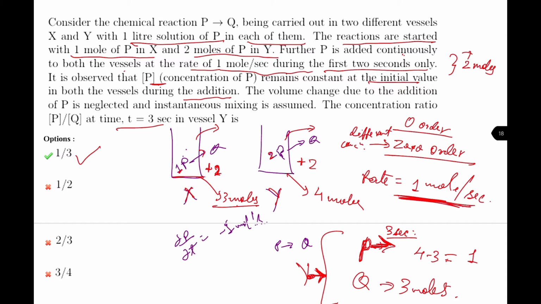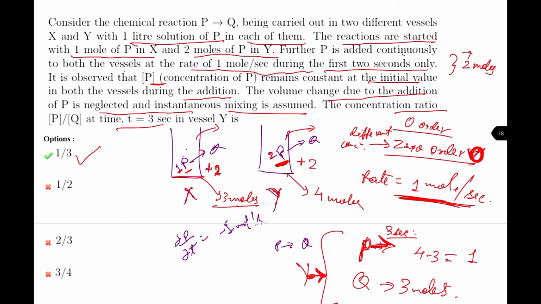It's common sense: you are adding 1 mole per second for 2 seconds and there is no change in P. And one more thing, there is 2 moles of P in Y and 1 mole of P in X, and still the reaction is going at the same rate, that means it is a zero order reaction. It doesn't matter what is the concentration of P in any container. Then volume change due to addition of P is neglected and instantaneous mixing is assumed, obviously.